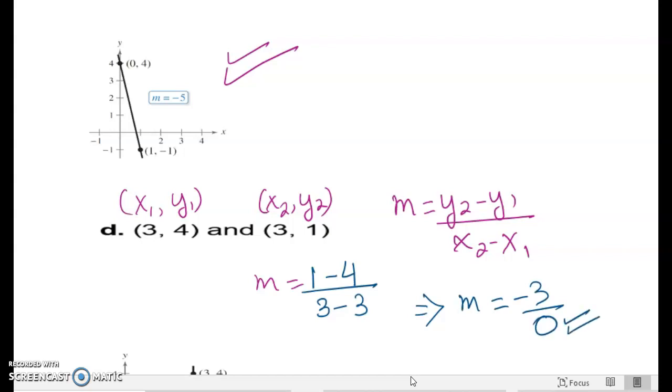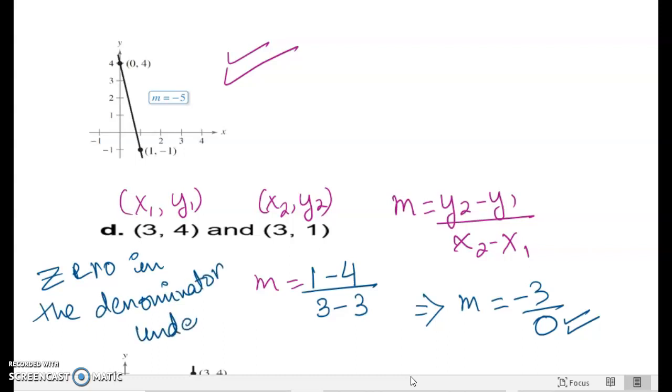We have a 0 in the denominator. Whenever we have 0 in the denominator, it is undefined, always, always.